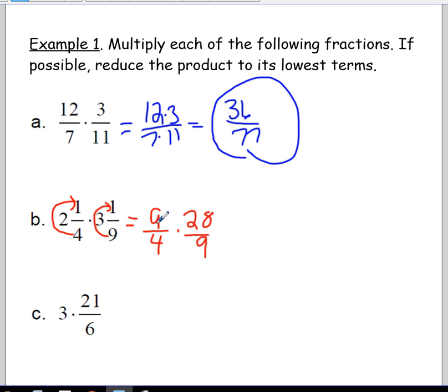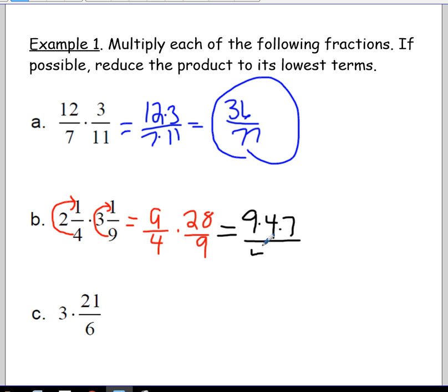As long as we're going from the top to the bottom, we'll be able to simplify. I also notice that 4 and 28 are both multiples of 4 because 28 is 4 times 7. So instead of breaking it all the way down to the prime factorization, I'm just going to leave the 9 alone instead of changing it to 3 times 3. And the 28, I'm going to change to 4 times 7 because I know I have a 4 that's going to cancel with that 4 in the denominator.